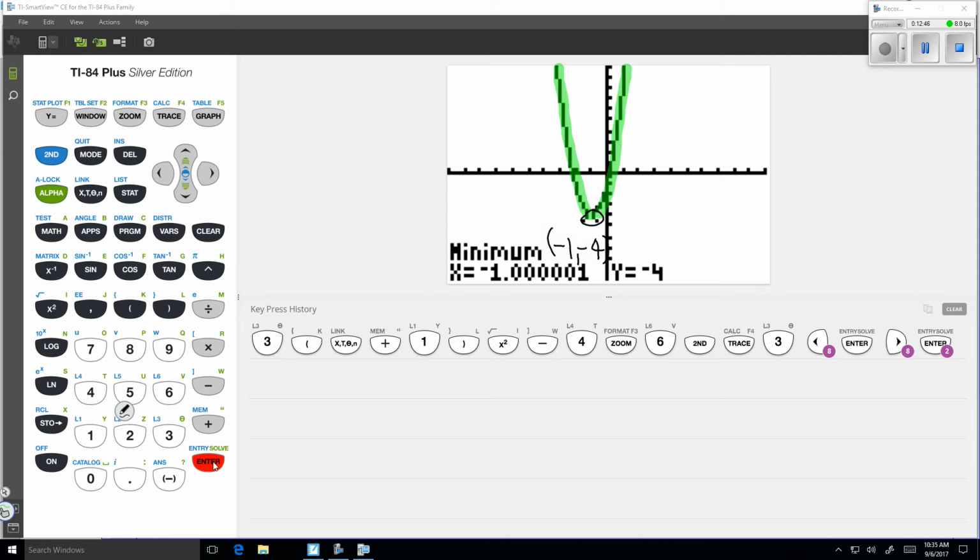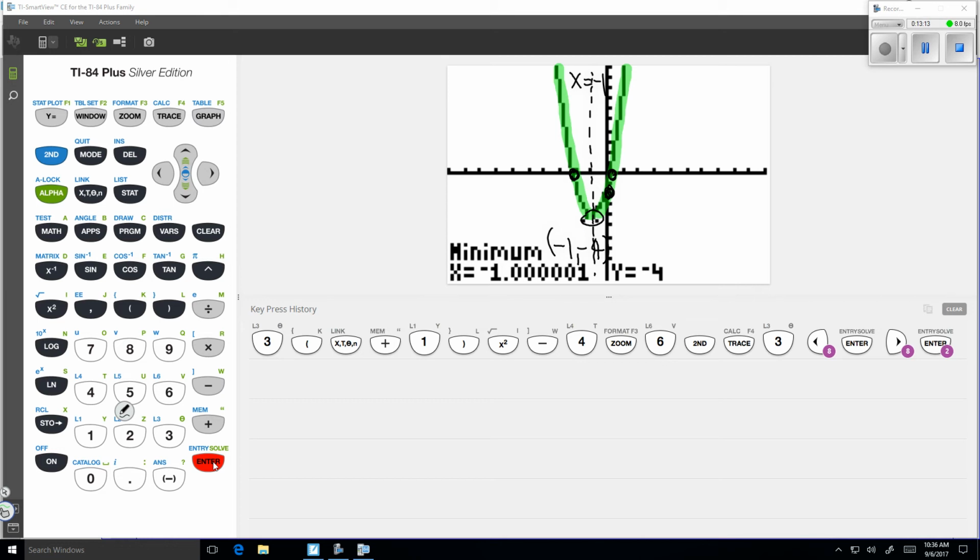Also, the symmetry is obvious here. This graph seems to fold across itself in such a way that the vertical line passing through that point is what we call the axis of symmetry. So we'll identify that as x equals -1 for our axis of symmetry. And then the last items that we need are all the intercepts, because again, those are important features of the graph.